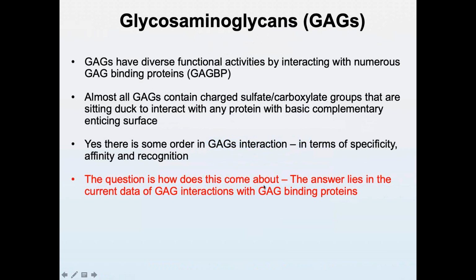There is an order in the GAG interactions with these proteins in terms of specificity, affinity, and recognition. So the question is, how does this happen? If you have a sulfate group, a carboxylate group, supposed to react with any protein that have what? Basic amino acid, but it doesn't happen. And that is what we're going to be looking at today.